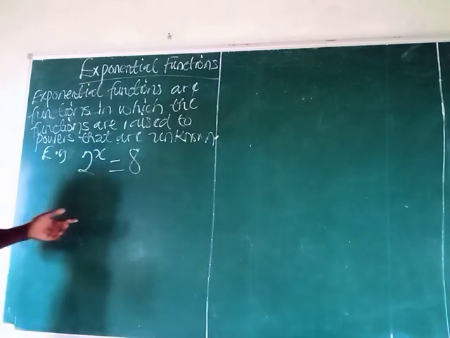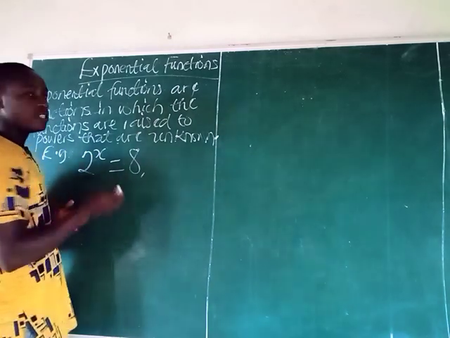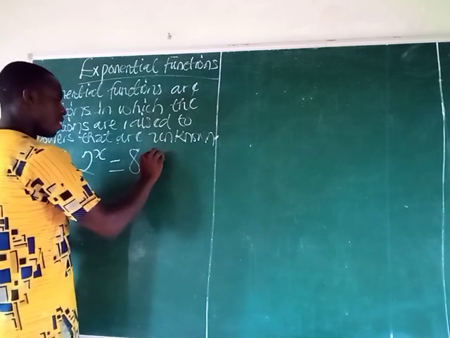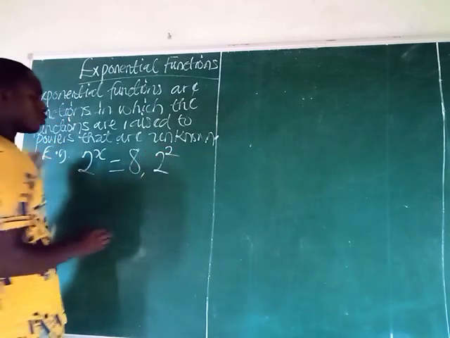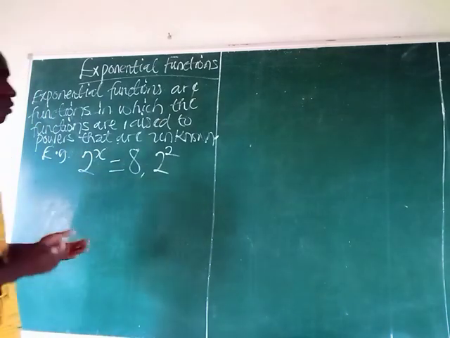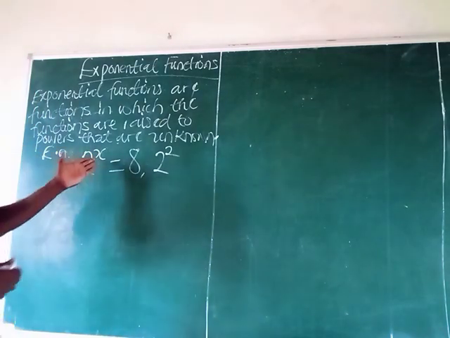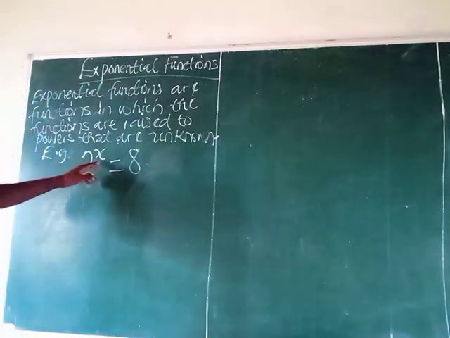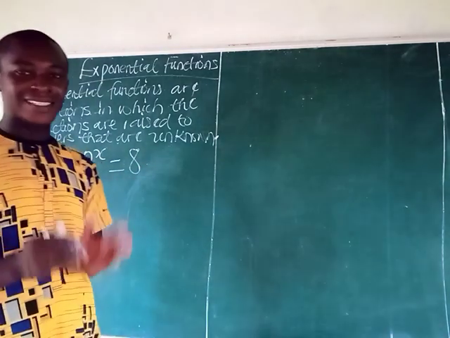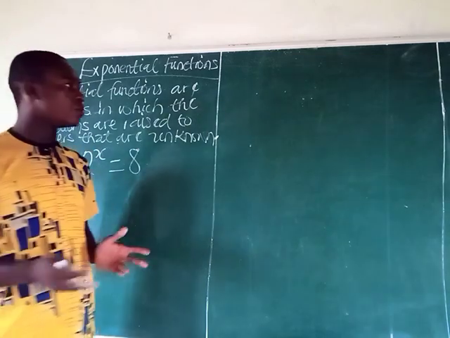So in this case, it's not like in other functions where you have a function raised to a known number. Here, the function is raised to a power or an index that is unknown.